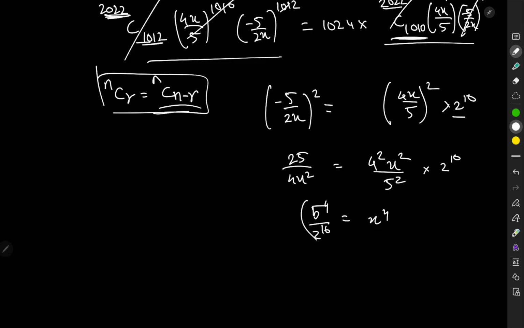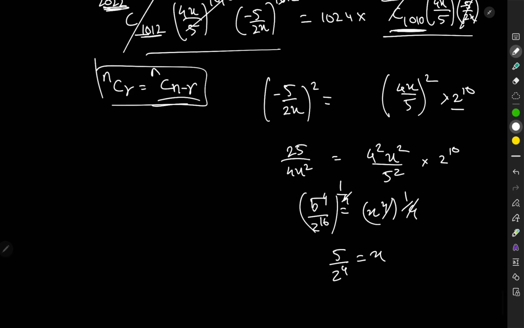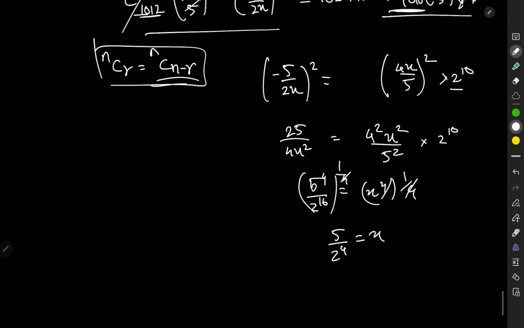Put 1 by 4, 1 by 4, so that x will become an independent variable. So you get something like this, which is 16, fine.